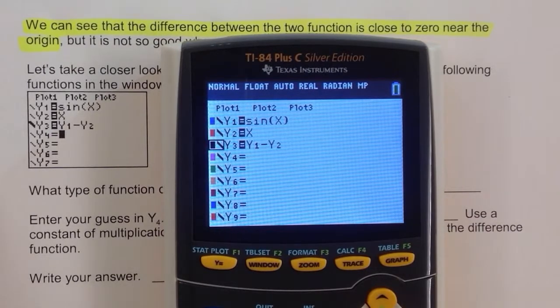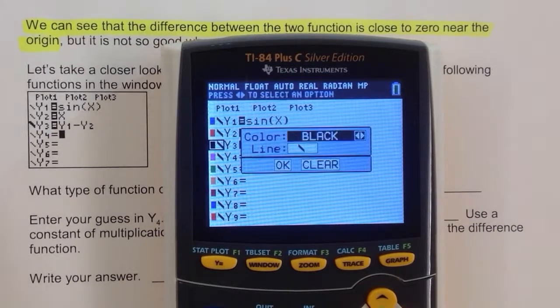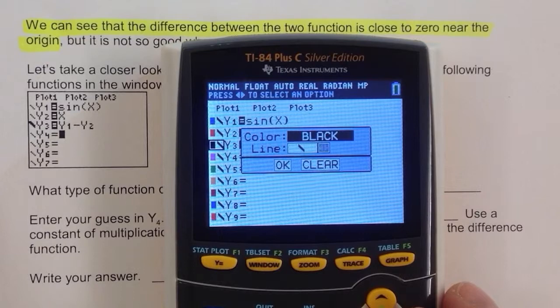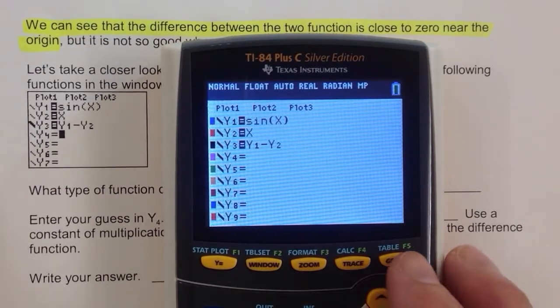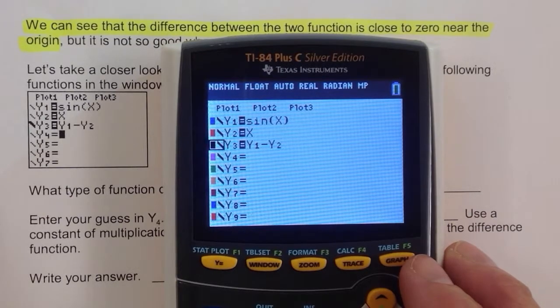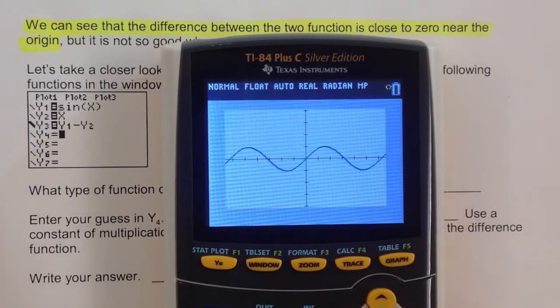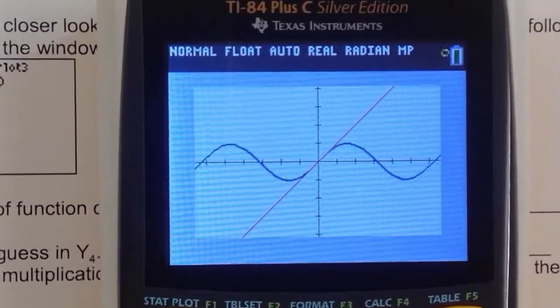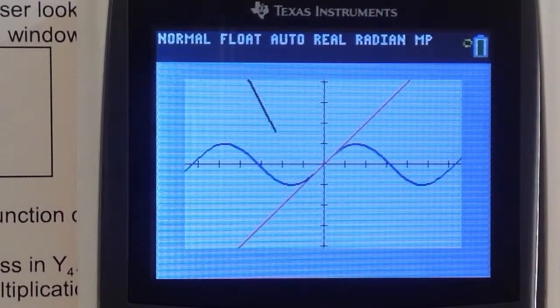Move your cursor to the left and hit enter. We want to make a big thick solid line there so that we can see clearly the difference. And that didn't look like it changed at all. Let's see. So there's our y equals x. And then that black curve represents the difference between the sine of x and y equals x.